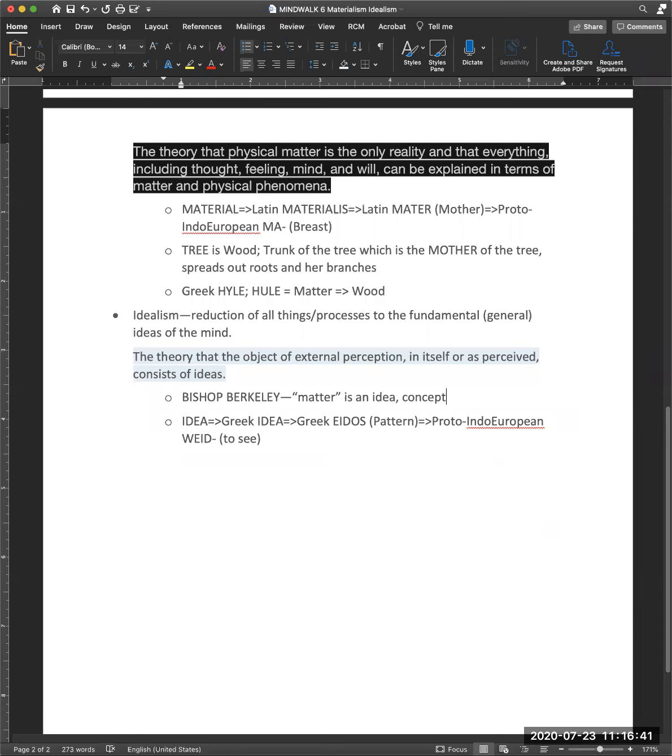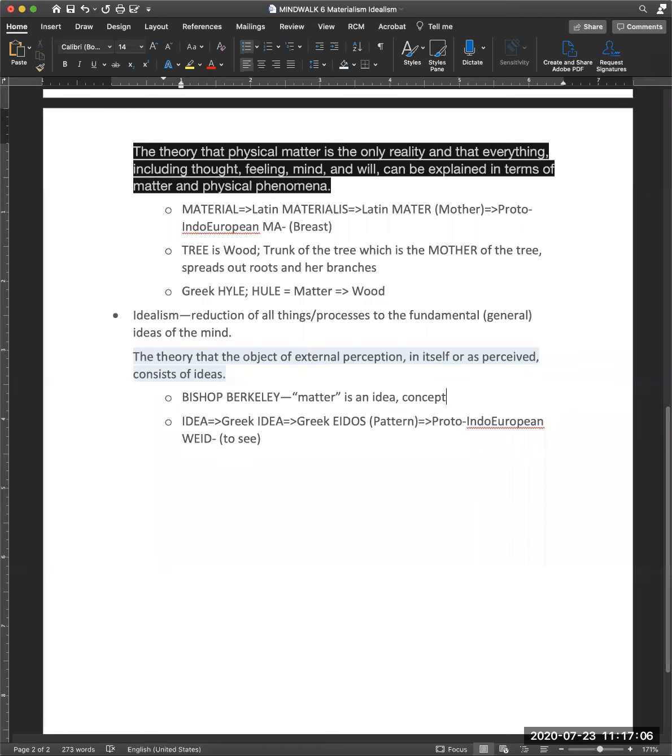Then slowly but surely, over the course of centuries, it becomes the word for all things that apparently physically endure and allow us to manipulate them and use them for building and what have you, right? Yet at the same time, you see this matter is an idea.